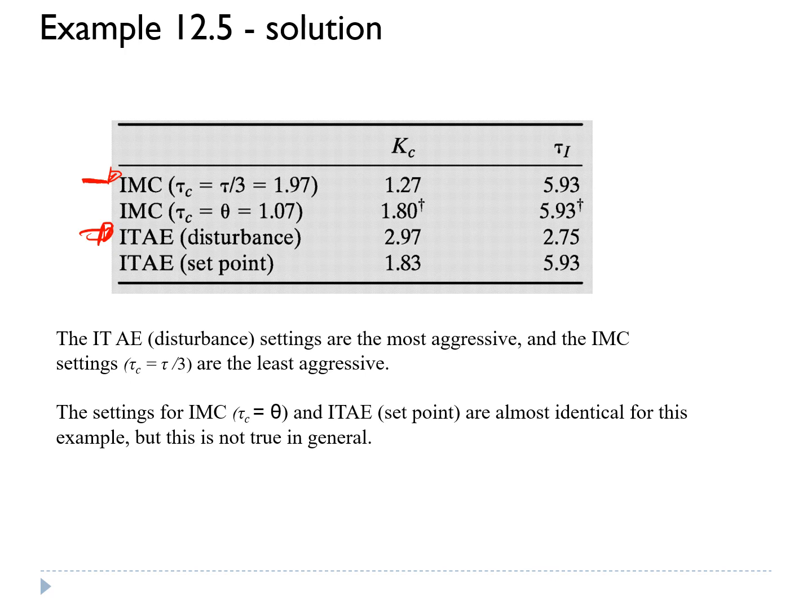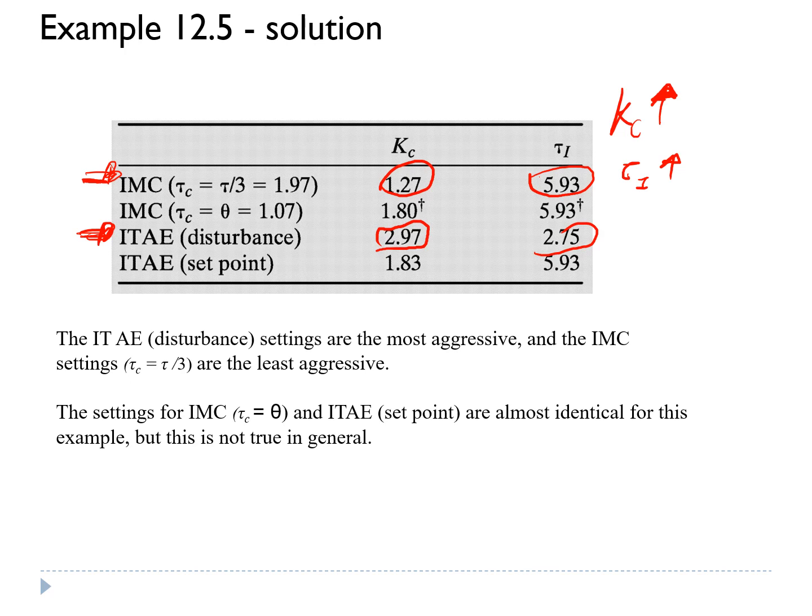This is due to the highest value of Kc and the lowest value of tau I for this setting that make it the most aggressive, while this setting has the lowest Kc value and the highest tau I value. If you recall from chapter 8, increasing the value of Kc will make the process faster or more aggressive, while increasing the value of tau I will make the process more sluggish or less aggressive.